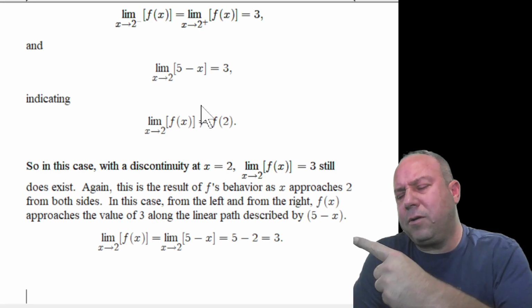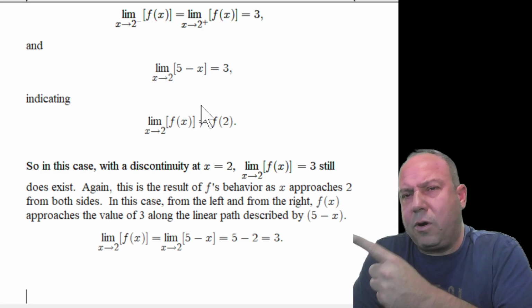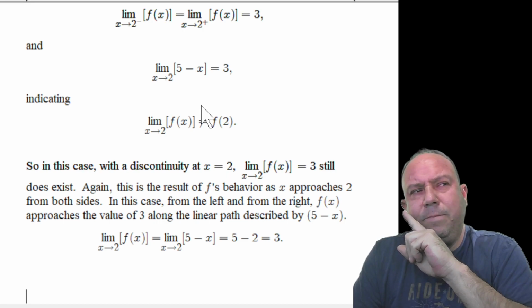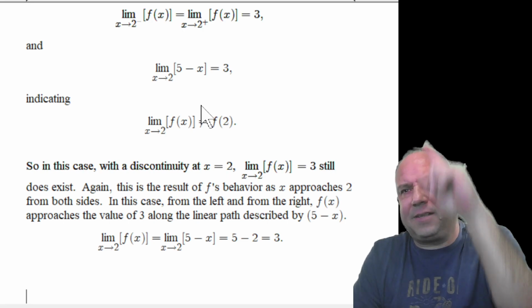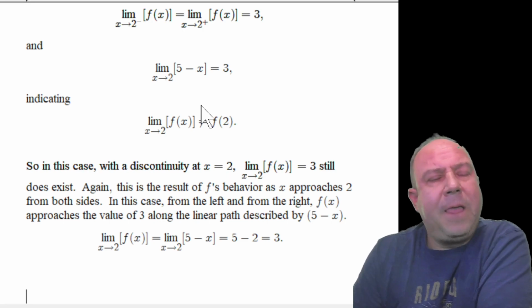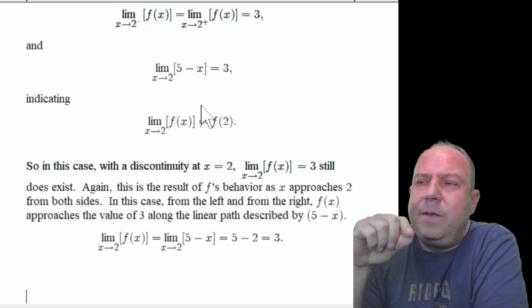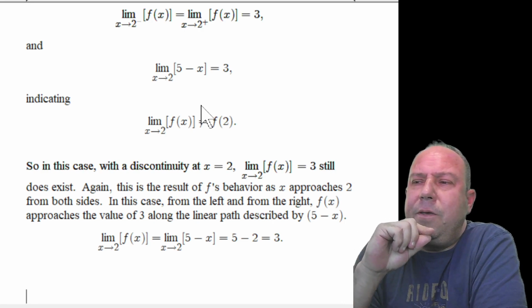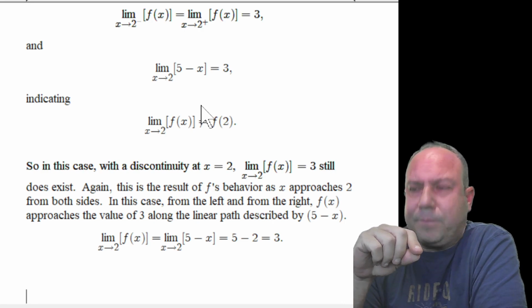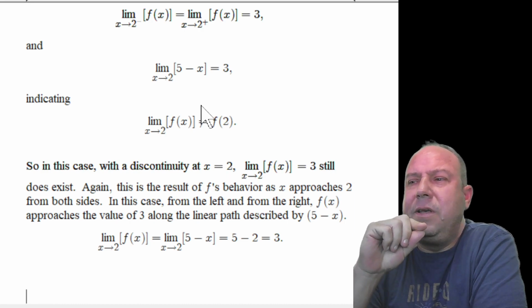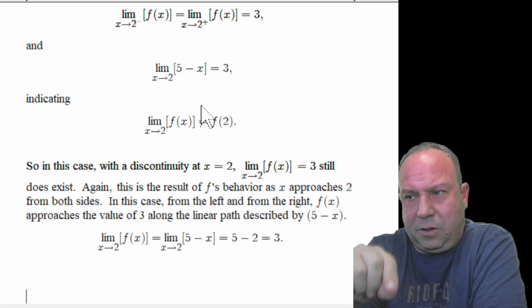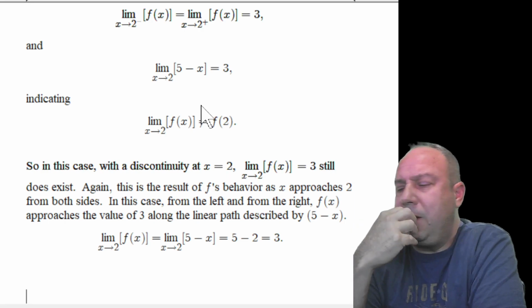You can encounter the case for your limit existing at a real number along the dependent axis, along the vertical axis, or you can encounter in the substitution result what would be an undefined result, right?